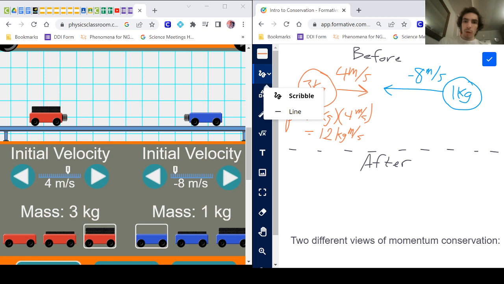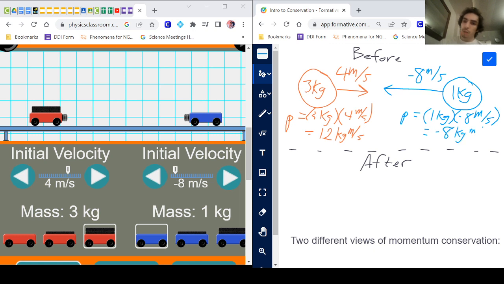And then for our blue object, we can do the same thing. We have a mass of 1 kilogram times a velocity of negative 8 meters per second, giving us an initial momentum for the blue object of negative 8 kilogram meters per second.